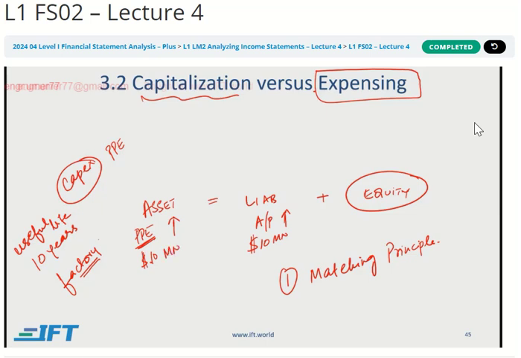if you expense this whole thing out in the first year, it's going to create a very bad income statement of that first year, because you'll have this huge expense of 10 million in the first year. And that will be unfair to the first year's income statement, because this asset is not only going to benefit or help you increase your sales for this year, it is going to help you create products which will result in sales for the next 10 years.